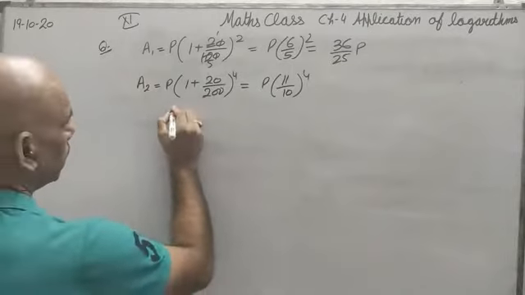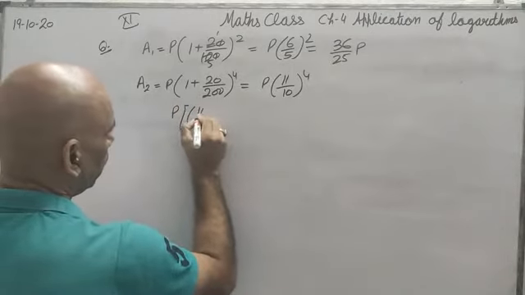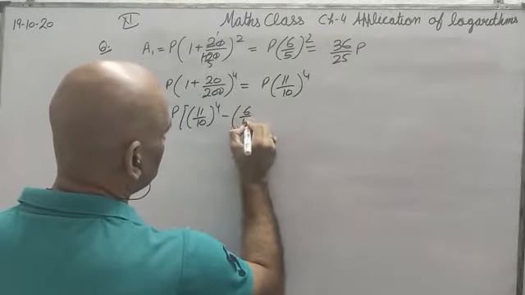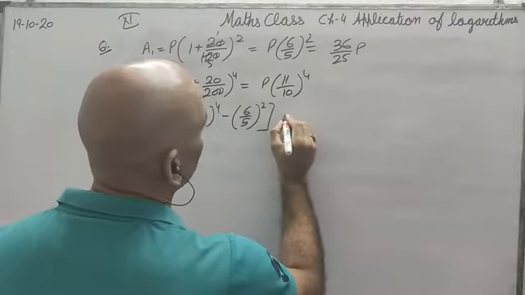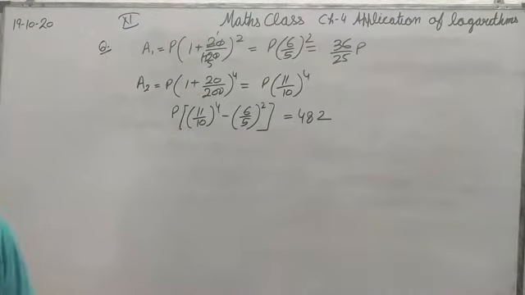So according to the question, P common taken out, (11/10)^4 minus (6/5)^2 is equal to 482.